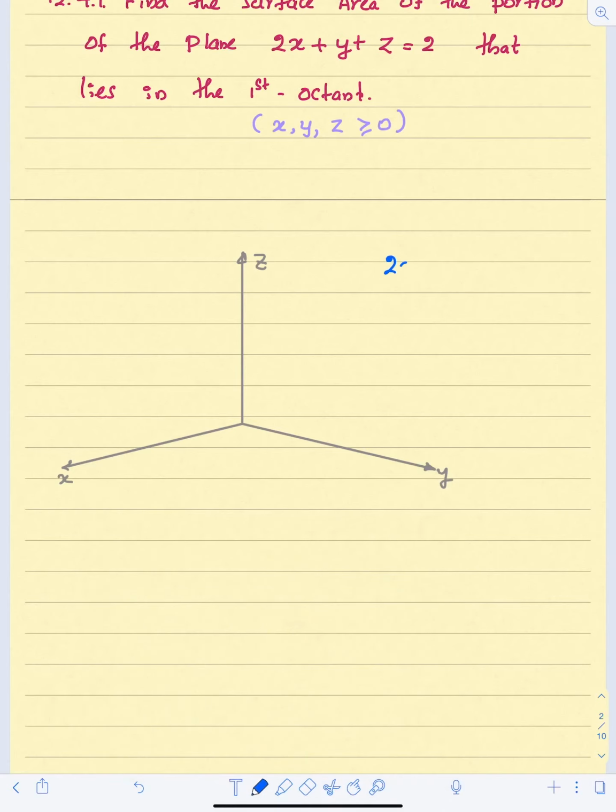To draw this plane, first identify the x, y and z intercepts.